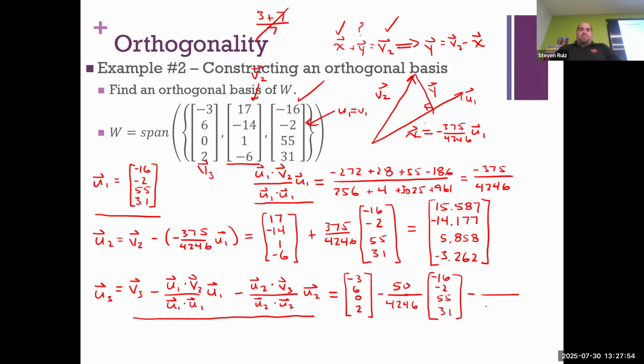And I think U2 dot U2 is the thing I already did, which is the 488.9. So I think the last thing we need is whatever U2 dot V3 is. So again, this right here is U2. V3 is the very first thing we looked at.